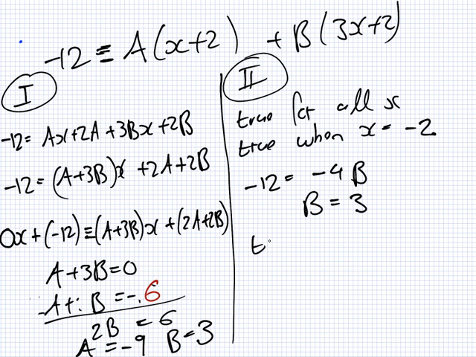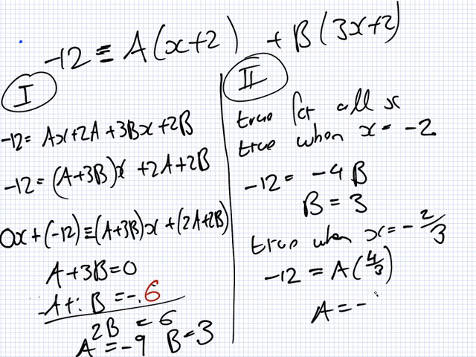And it's also true when x equals minus 2 over 3, which means you get minus 12 is equal to a times 4 over 3, which means that A will equal minus 9. So you get the same answer.